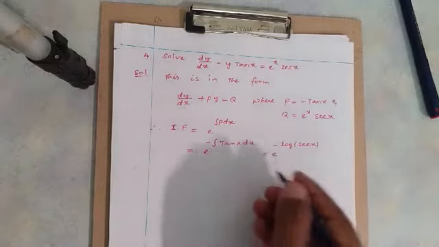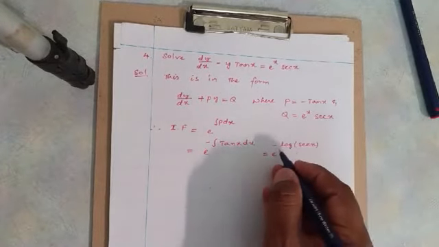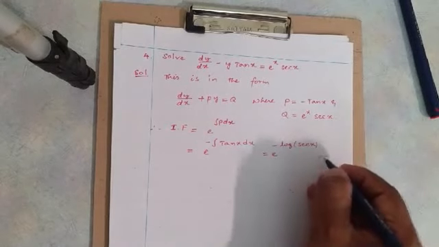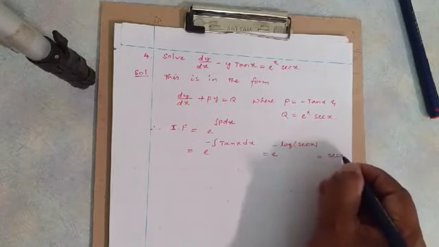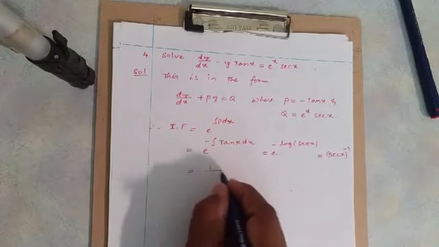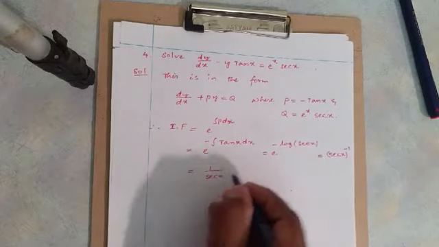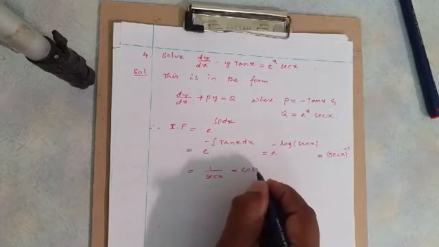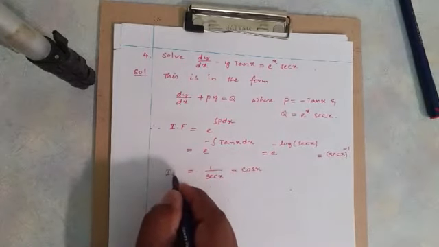So as you know, e power log e is 1, this minus I take to numerator, that becomes secant x whole power minus 1. So this is equal to 1 upon secant x, which is equal to cos x. So this is the integrating factor we got.